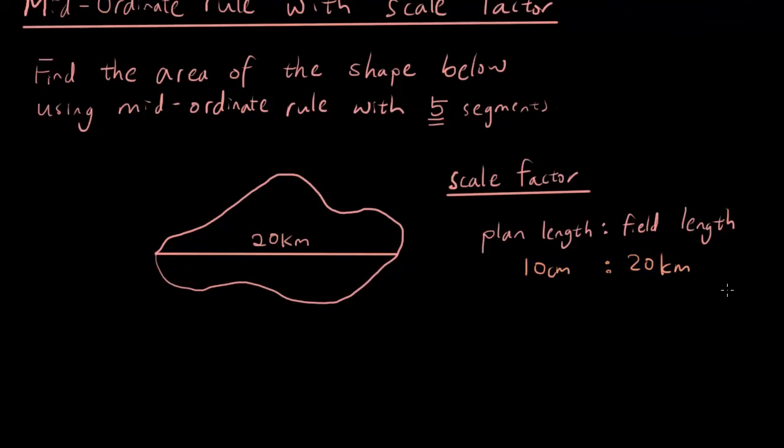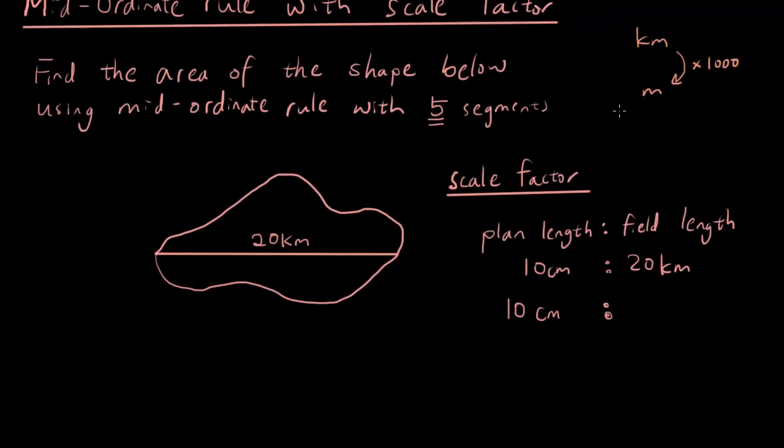Well, in order to get the scale factor, the first thing we need to do is to convert both sides to the same units. So one side is kilometers, the other side is centimeters. So let's choose the smaller unit to keep things simple. So 20 kilometers, how do you convert that to centimeters? Well, kilometers to meters, you would times it by 1,000, right?